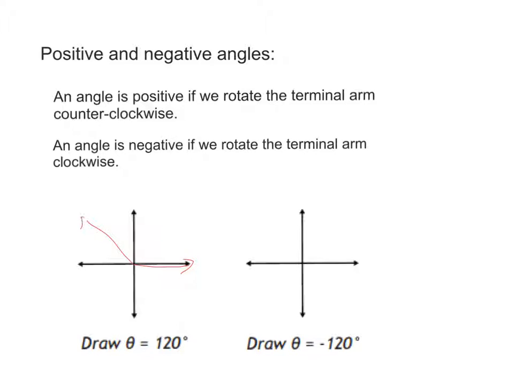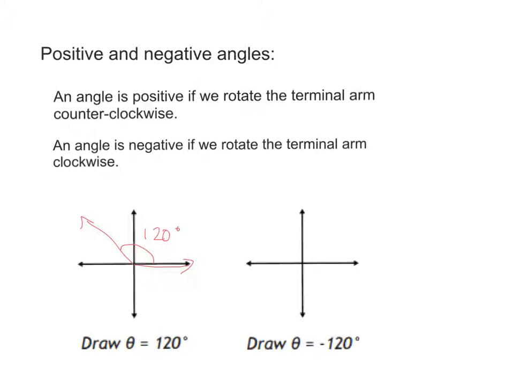There's the initial arm and there's the terminal arm, and this angle is 120 degrees. It's not exact, I didn't use a protractor to measure it, but we know this is 90 straight up, so 120 is 30 degrees more than that, somewhere around there.